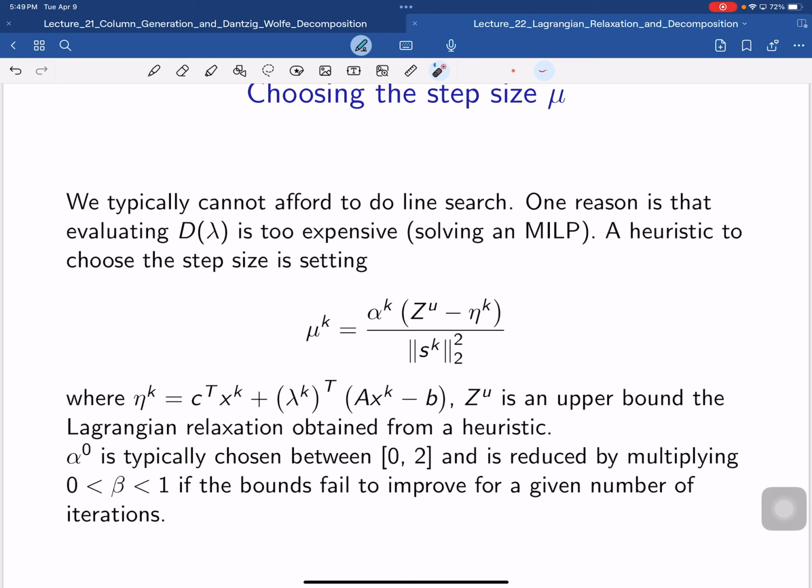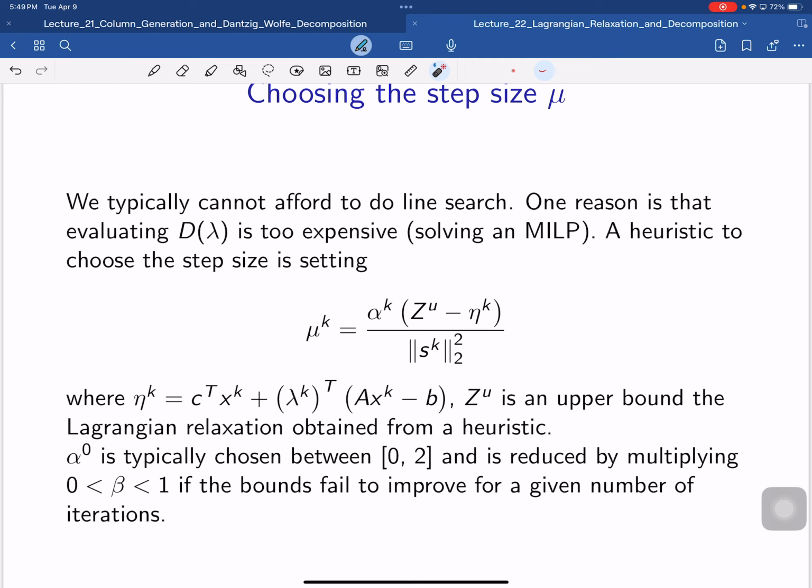In the denominator, you have the norm squared of the supergradient, and the Z U term here is an upper bound you can obtain from a heuristic, and eta k is essentially the value you got at a particular iteration. The alpha naught is typically chosen between 0 and 2, and is reduced by multiplying by a given number if it fails to improve for a number of iterations.